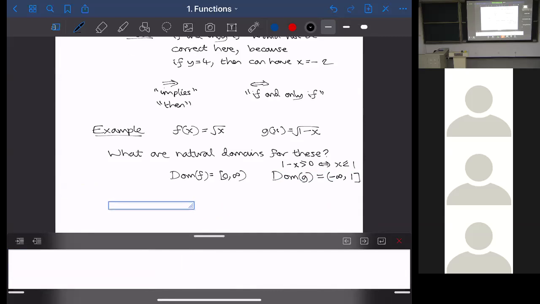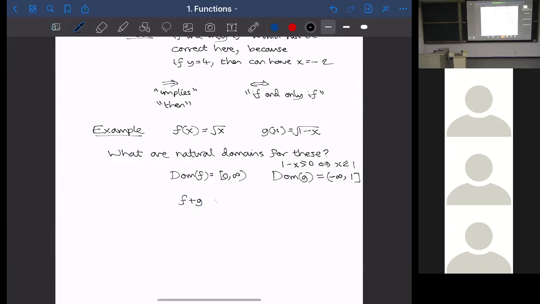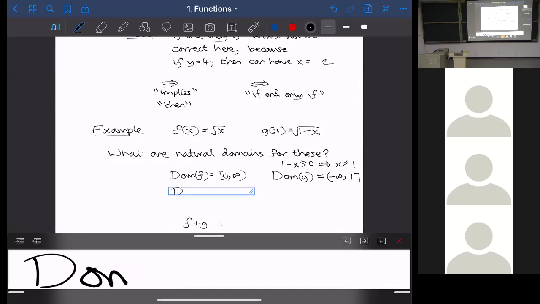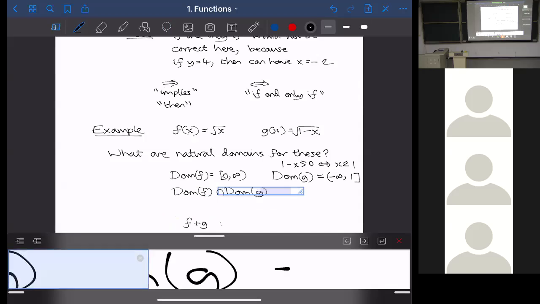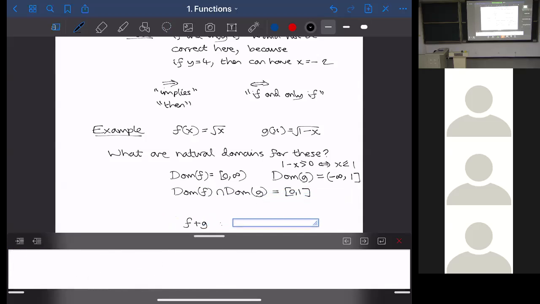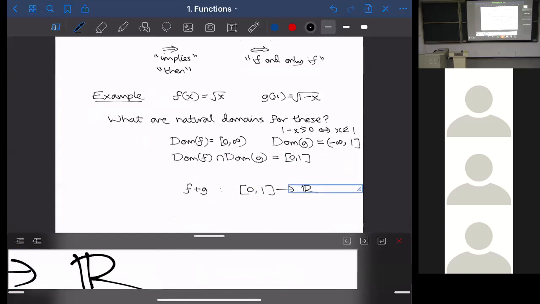Okay, so for example, F plus G is a function from, remember, it's from the intersection of these two domains. And that is the closed interval 0 to 1. So f plus g is a function from 0 to 1. It's real valued.